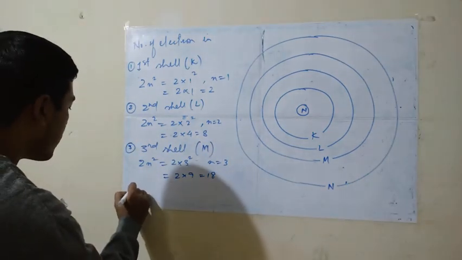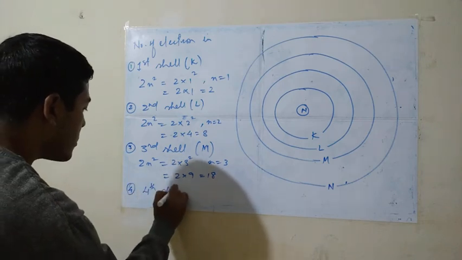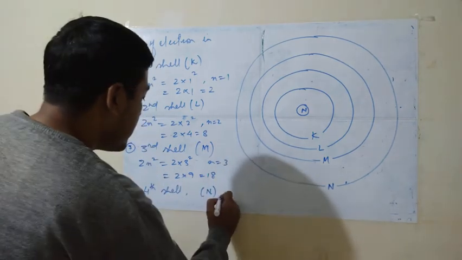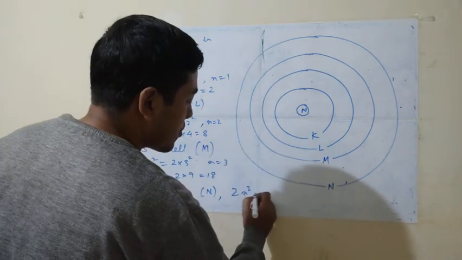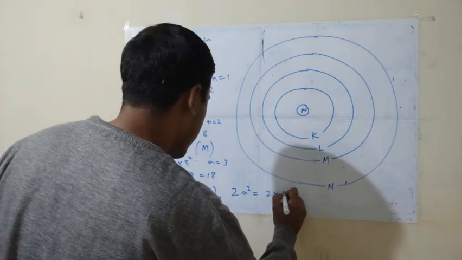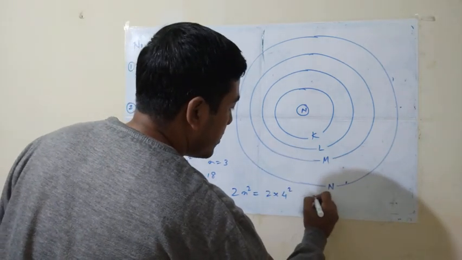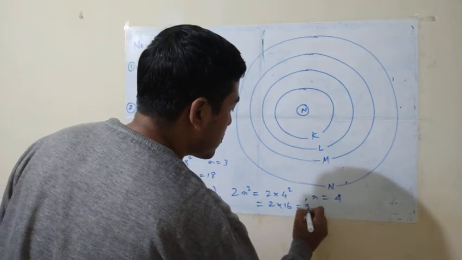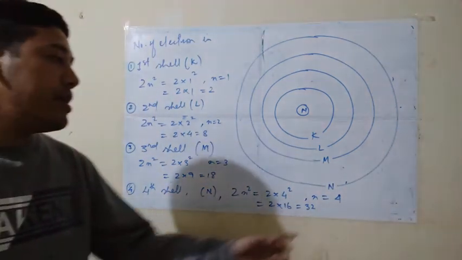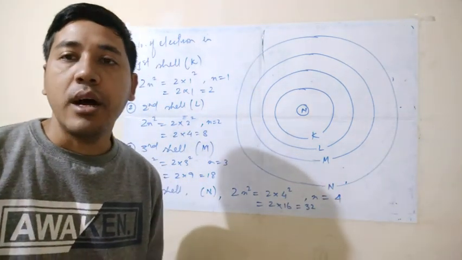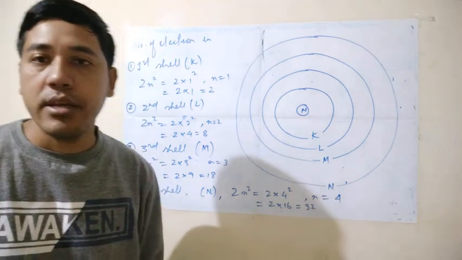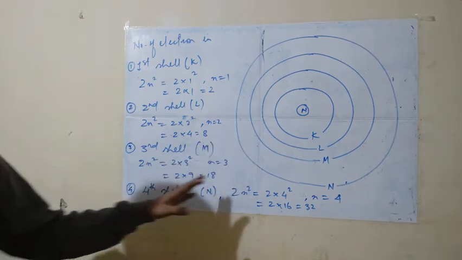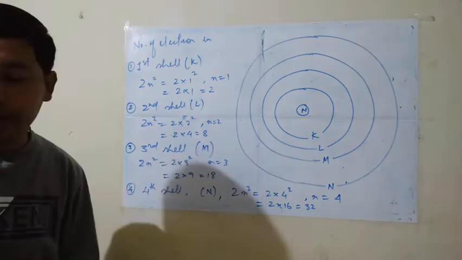Same thing in the fourth cell, that is the N. 2n square, 2 into 4 square, where n is equal to 4, becomes 2 into 16 is equal to 32. Not more than 32 electrons will exist in the N. Okay, let's copy down this one. The first cell 2, second cell 8, third cell 18, fourth cell 32. Right, let's copy down.